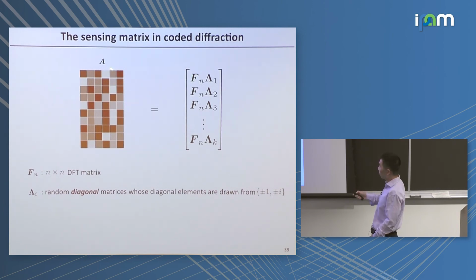A can be written as a block matrix where each block is equal to a DFT matrix times a random diagonal matrix. The random diagonal entries correspond to the phase shifts of the pattern that you apply. For example, you assume diagonal entries are randomly drawn from plus or minus 1, plus or minus i.